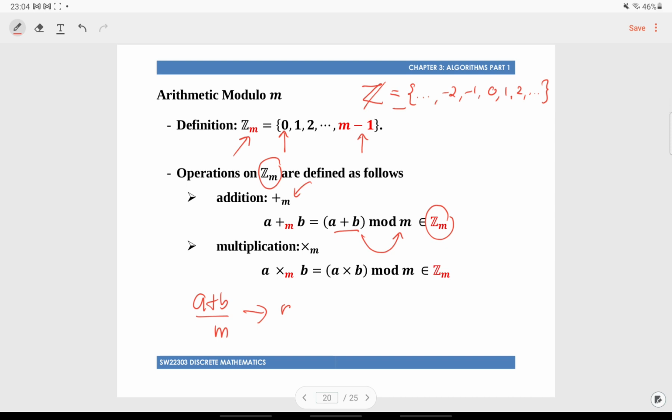For the multiplication, we use the multiplication operation as usual, but with the subscript M to indicate this is an operation inside the set of integers modulo M. So A multiplied by B with this subscript is equal to A times B reduced modulo M. That means we are looking for the remainder when we divide A times B by M, and that value belongs to this set. So R is an integer that belongs to the ZM set.